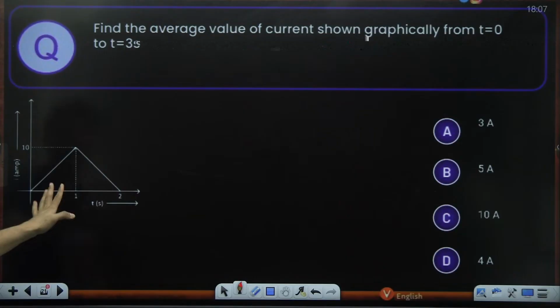If the path difference is given to be lambda by 4, that lambda would have changed. So you use the new lambda, which will be 1.33 times less. 1.33 is basically 4 by 3. So basically it is 3 lambda by 4. Is that right? Yeah, that's what the actual path difference would be.